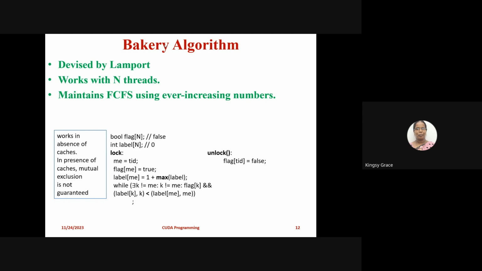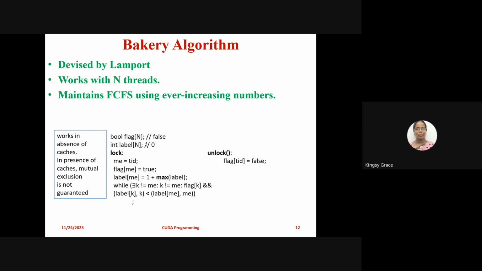So we need some algorithm which is useful for n number of threads. In this particular algorithm, the bakery algorithm, it will work with n threads, and it is also using first come first serve for the increasing number of threads.